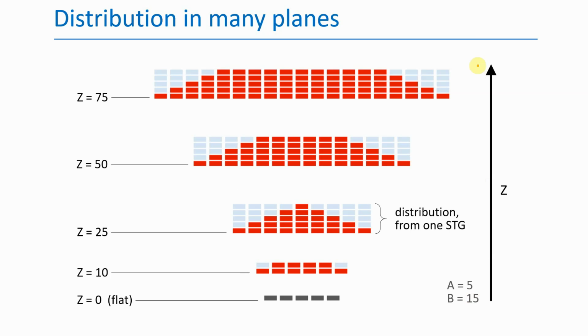On the larger scale, the vertical axis is the direction of propagation z, so that, for example, this is the distribution at z equals 10, and this is the distribution at z equals 75. But within each distribution, the vertical axis shows the roundness. So, for example, all the rows of this distribution are in the same plane, z equals 75.